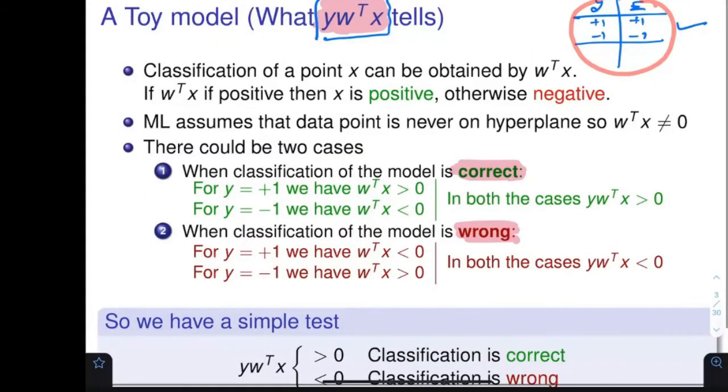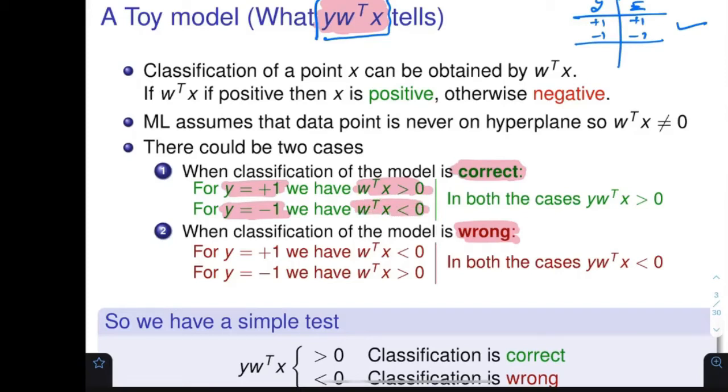So for y equal to +1 and y equal to -1, we have W transpose X greater than 0 and W transpose X less than 0, because it's a right classification. When the item was positive, y equal to 1, then W transpose X was positive. When the item was negative, this value was less than 0.